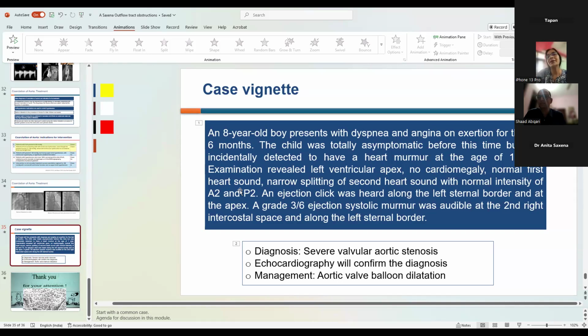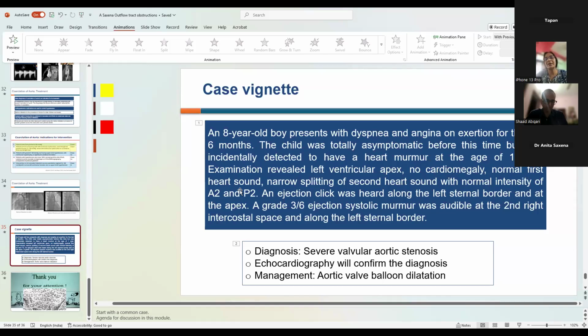One is the newborn period and the other is older kids. Sometimes they just come for a routine checkup and we find this type of mild narrowing, where there is no diastolic spill, but a gradient of around 15-20, no significant difference. So can we leave them from follow-up, or should we continue them?